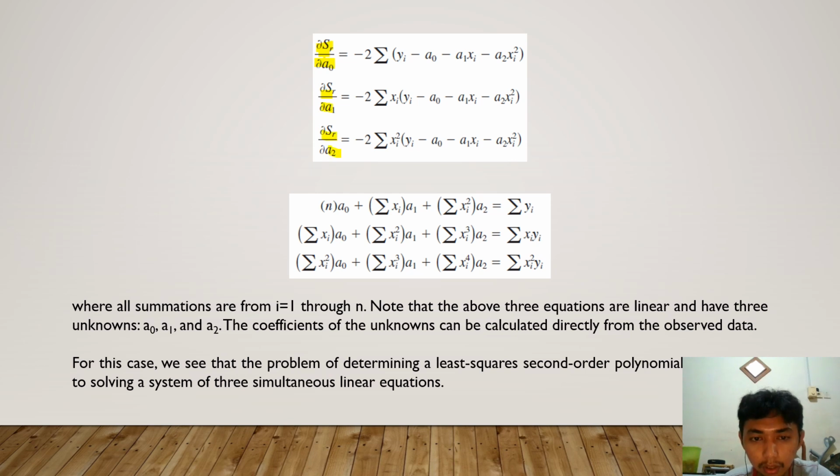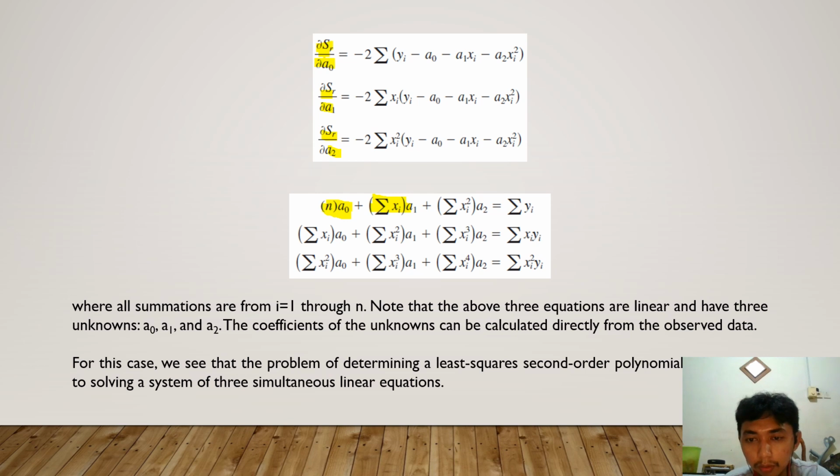Then we distribute, and we obtain a simultaneous linear equation, where all the summations are from i equals 1 through n.